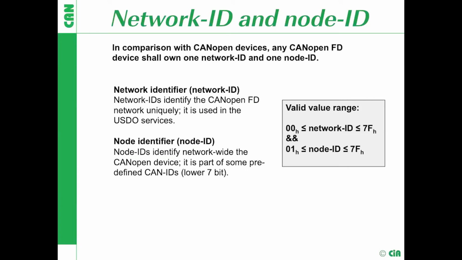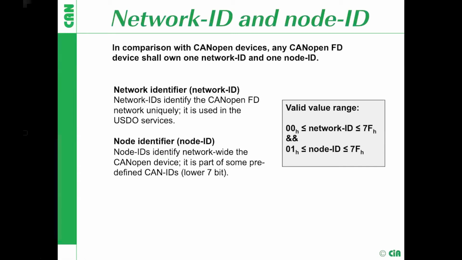The network ID is in the range of 0 to 7F hexadecimal, and the node ID values are in the range of 1 to 7F hexadecimal. Then the node becomes visible at the communication interface, for example by sending a boot-up message. So please note the different value ranges of the network ID and the node ID.